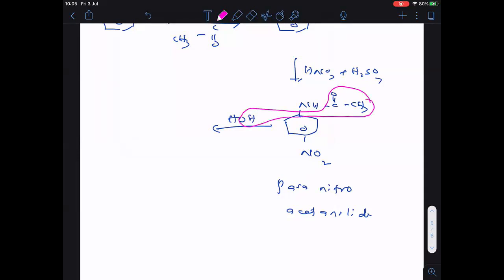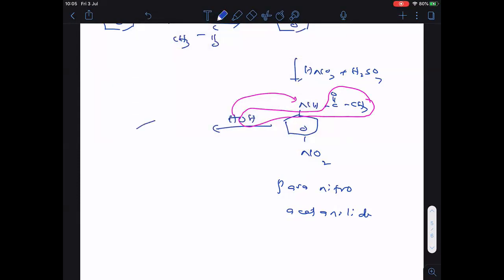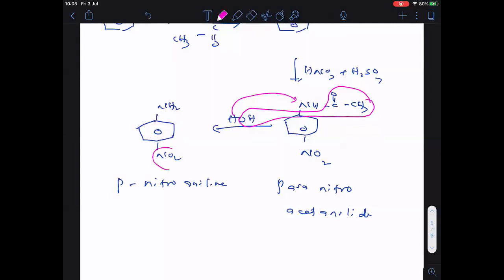Again, acetic acid is removed out. Then this hydrogen is bonded to this nitrogen. Then here NH2 and NO2. So this is called as what? Para-nitroaniline. You see here only one NO2 group is substituted. So this is a mono substituted product.